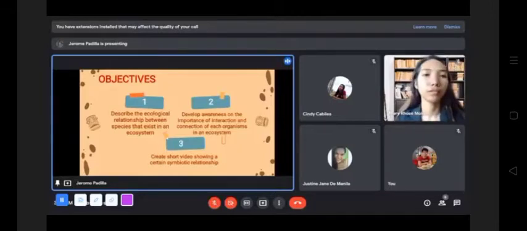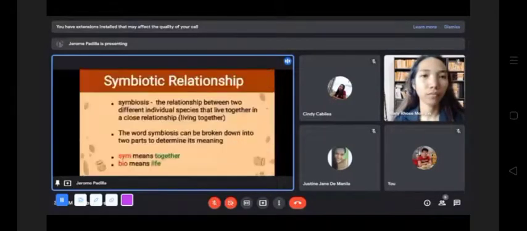Now let's define what a symbiotic relationship is. This symbiotic relationship is also called symbiosis, as you can see on the screen. It is the relationship between two different species that live together in a close relationship, living together in the environment.